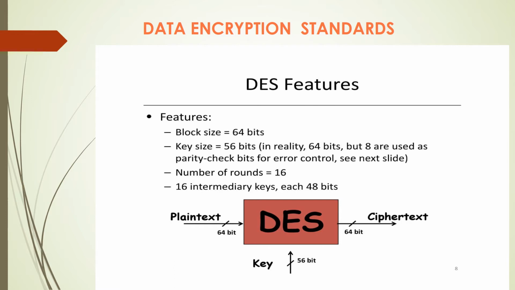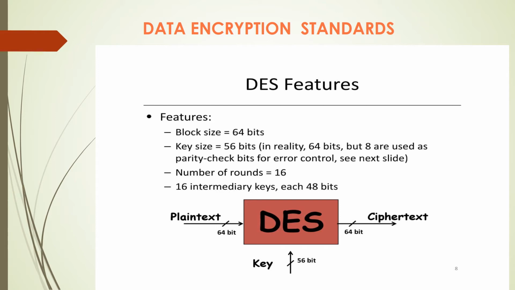So that is the concept of transposition, that means arranging the order of the positions. Then substitution means each and every alphabet present in the plain text will be substituted by another alphabet. That is the concept of substitution.